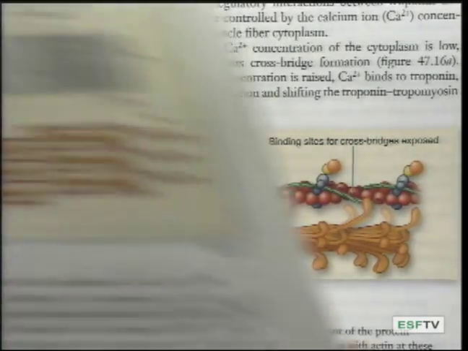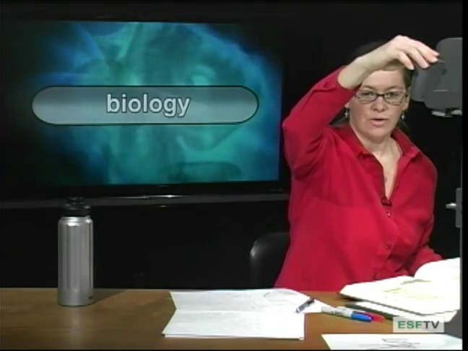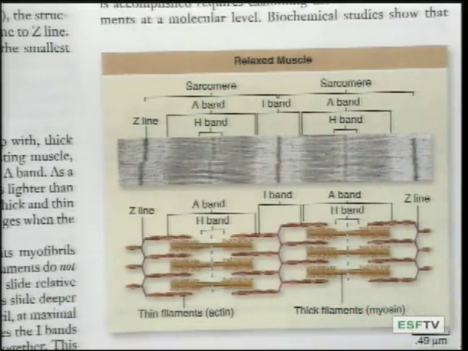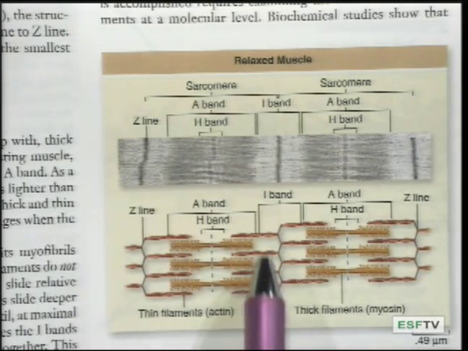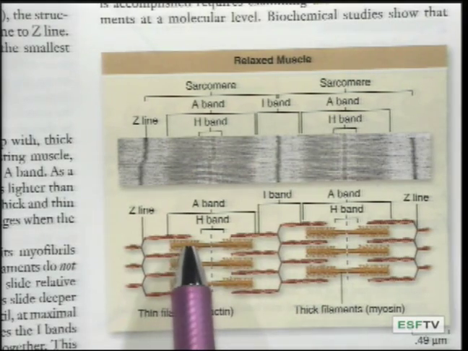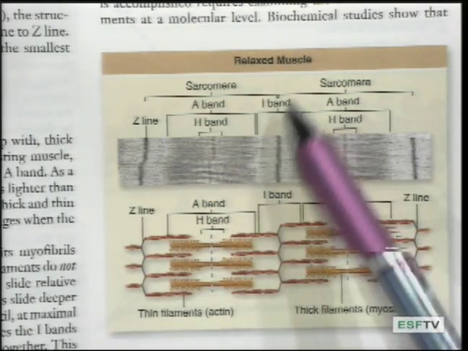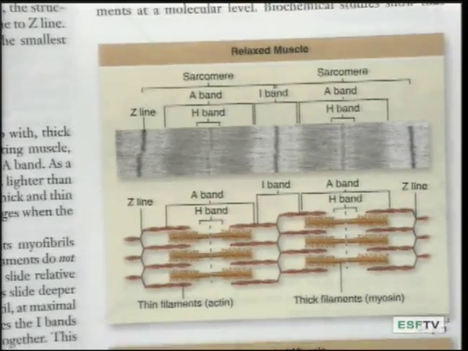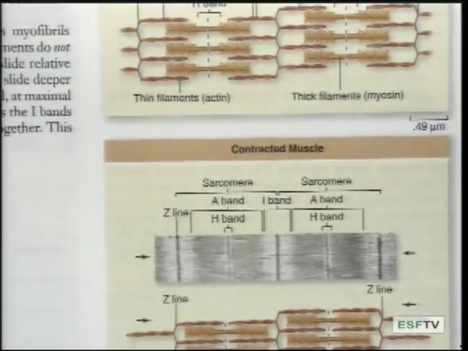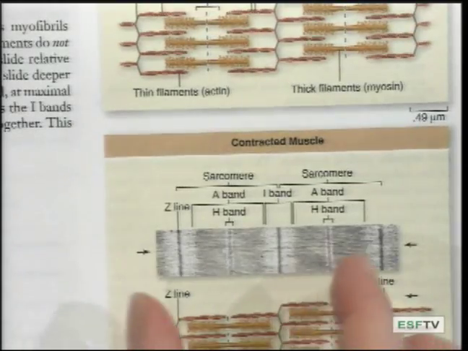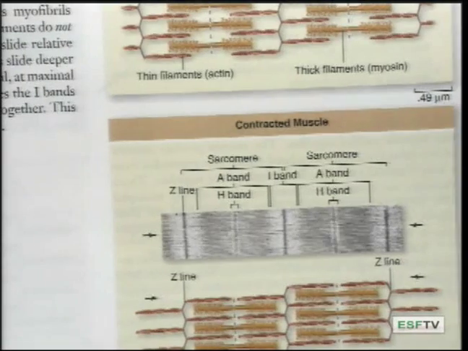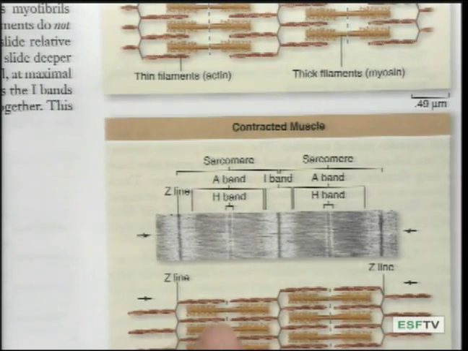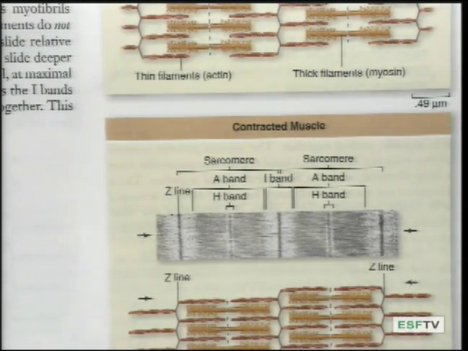And when that occurs, it looks like this. So you have a relaxed muscle here with these sarcomeres, and these sarcomeres are made up of actin and myosin filaments. And when the muscle is relaxed, it looks like this, but when it's contracted, these sarcomeres have pulled together. Okay, so you get a pulling together of those sarcomeres as the myosin filament ratchets up the actin.